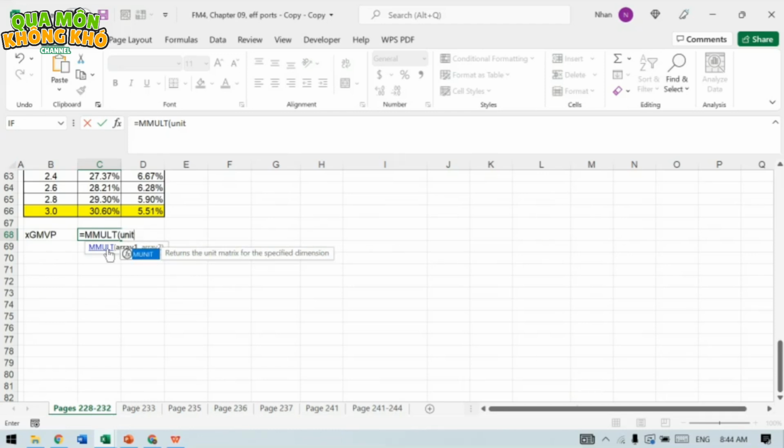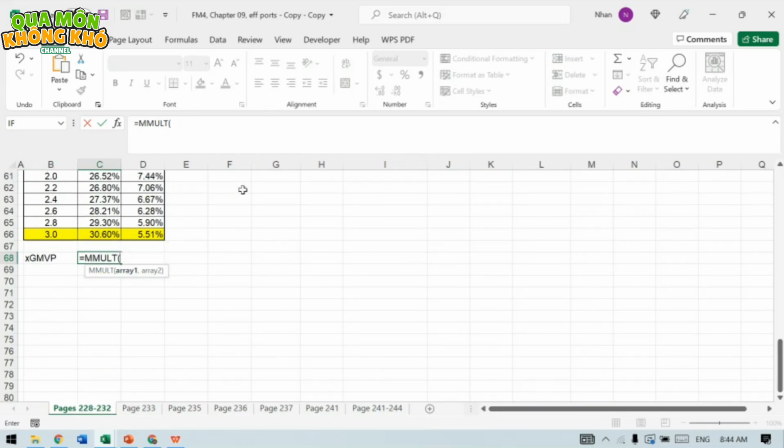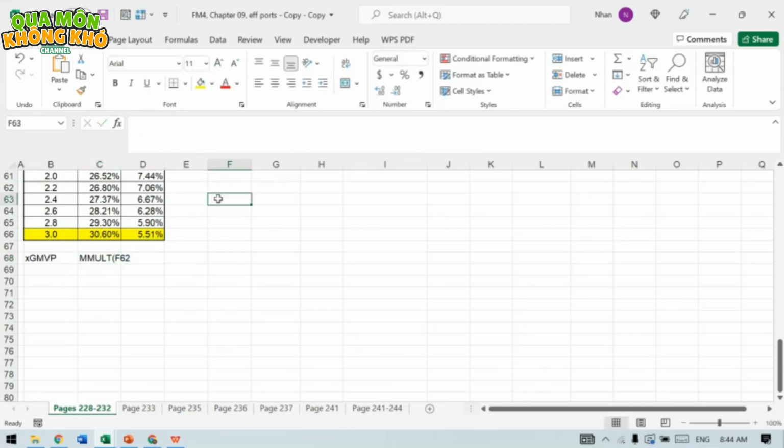You can create the unit matrix because in Excel the unit matrix is not available, so you just create the unit matrix. And in this situation, we have four stocks or securities, so the dimension of the unit matrix is 4. So the unit matrix on row is just 1 1 1 1 on a row, and on column it is 1 1 1 1. Yes, that's a unit matrix on column.